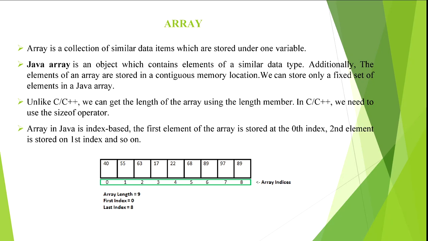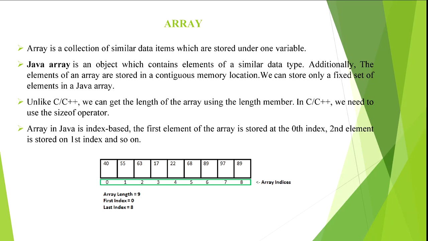The first element 40 will be stored at the zeroth index, the zeroth position. Then the second element 55 is stored at index one, 63 is stored at the second index. Likewise, you have a total of 9 elements.